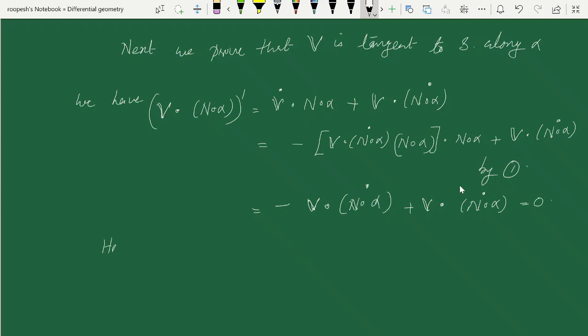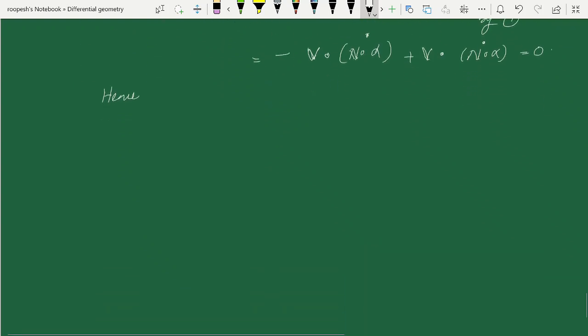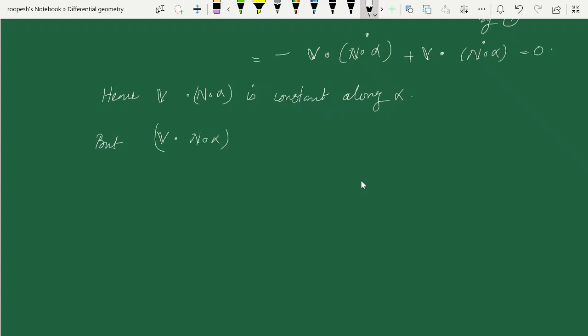Hence what you can conclude is, V dot n composition alpha is constant along alpha. But what you have is V dot n composition alpha of t naught, which is nothing but V of t naught into n of alpha of t naught, right?